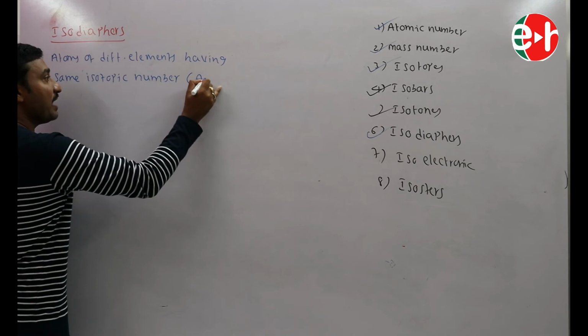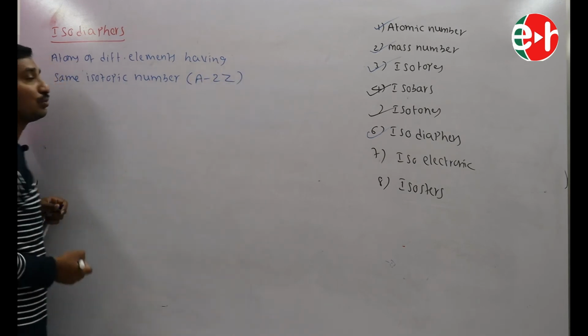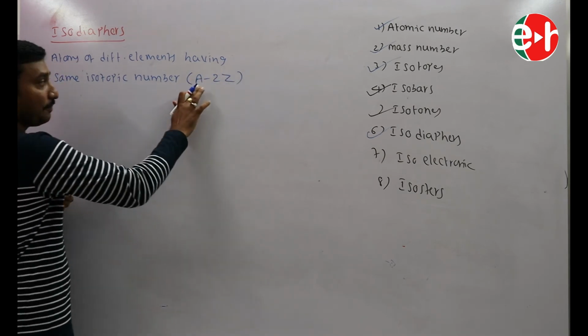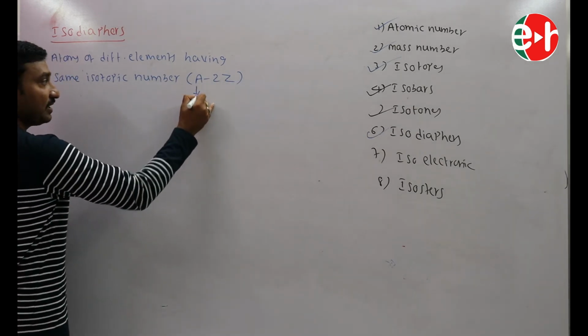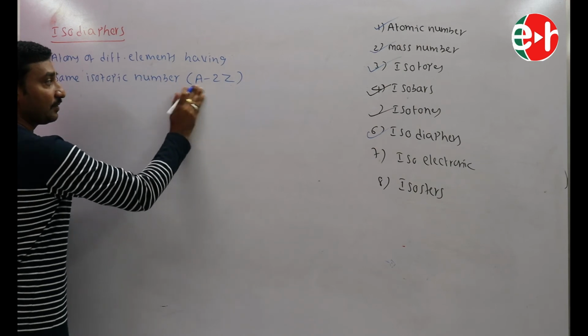Isotopic number means A minus 2Z. This is isotopic number, A minus 2Z. We know A is equal to mass number, Z is equal to atomic number.